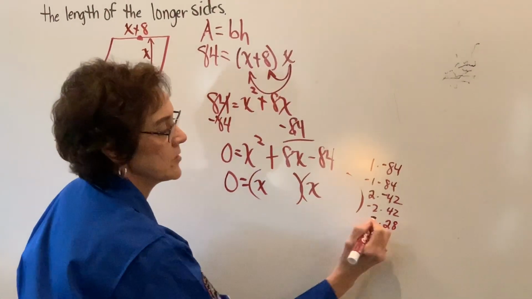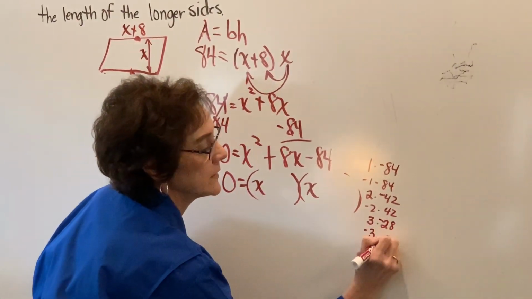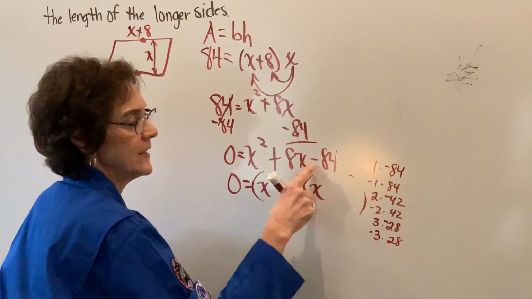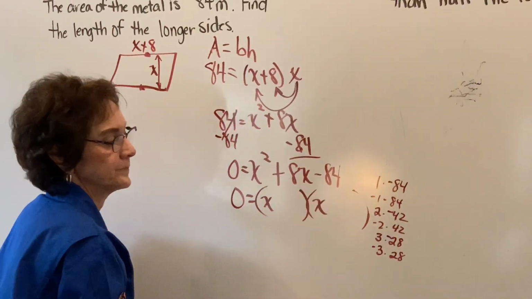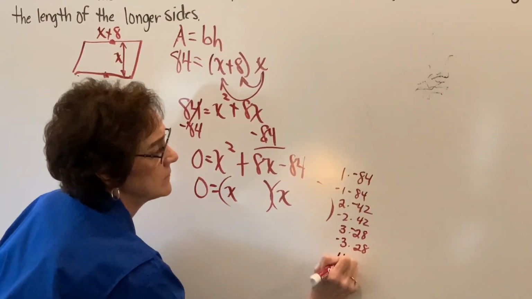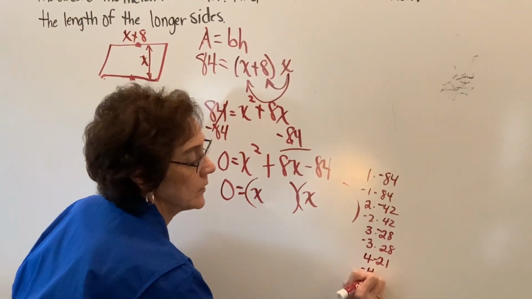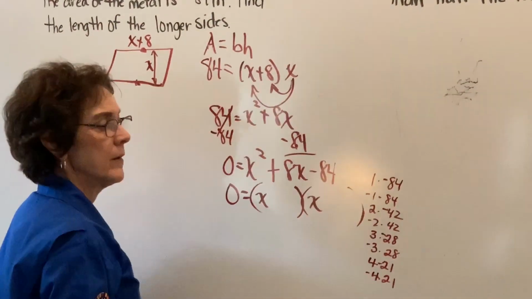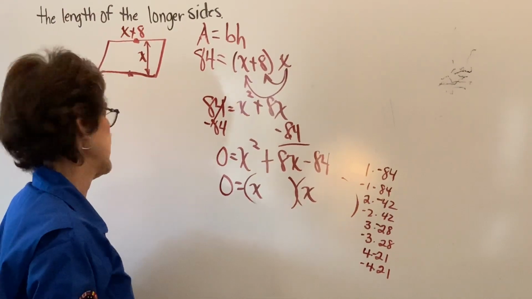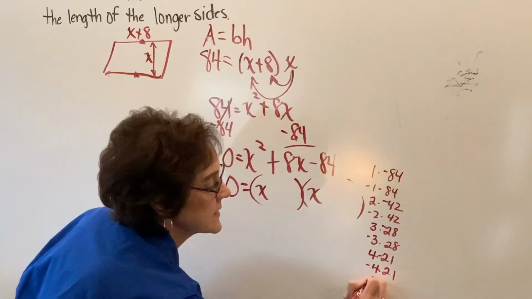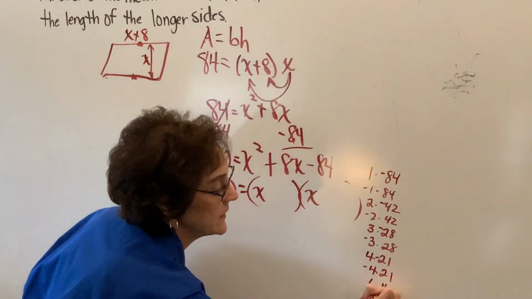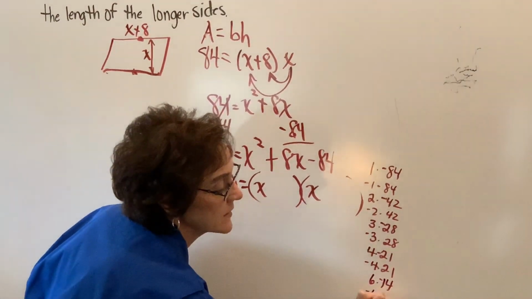Yep, 28, just making sure. Negative 3 times 28. You know, one of them has to be negative because it's a negative 84. 4 goes in. 4 times negative 21, or negative 4 times 21. 5, no, 6, yes. 6 times negative 14, or negative 6 times 14.